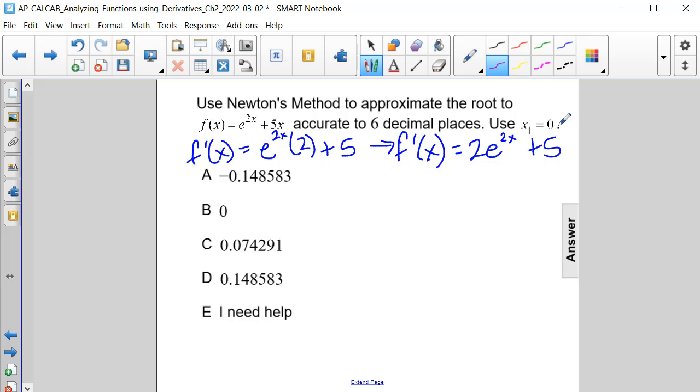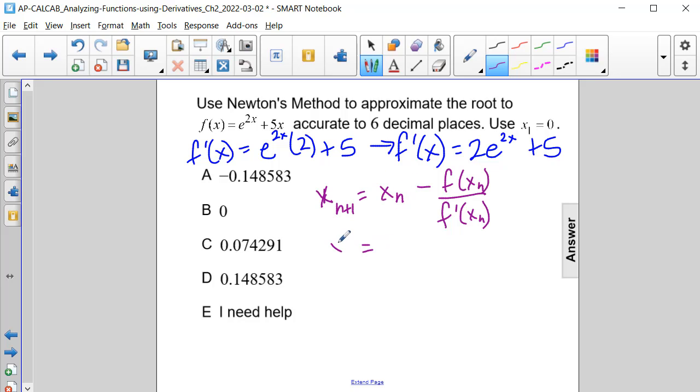All right, so now we have our derivative and we have our original function and we have our first x value that we're going to substitute in there. And Newton's method states that x sub n plus 1 is equal to x sub n minus f of x sub n divided by f prime of x sub n.